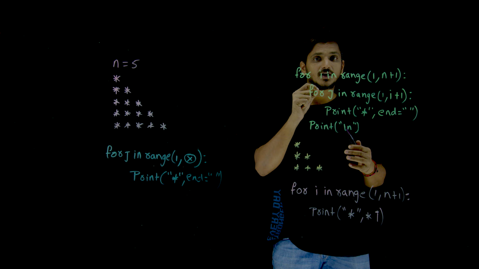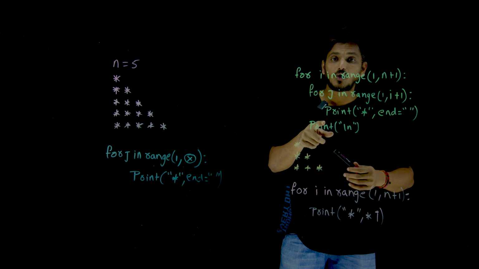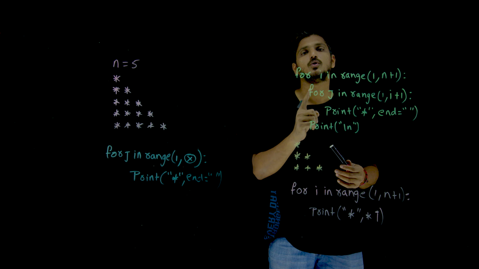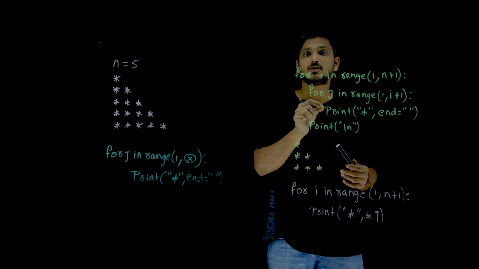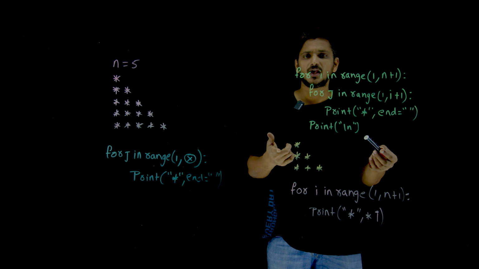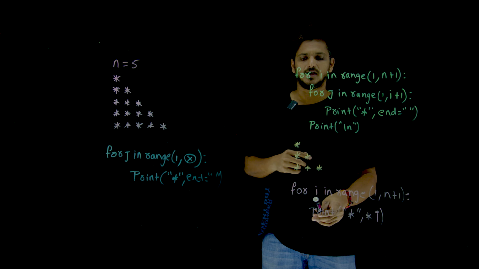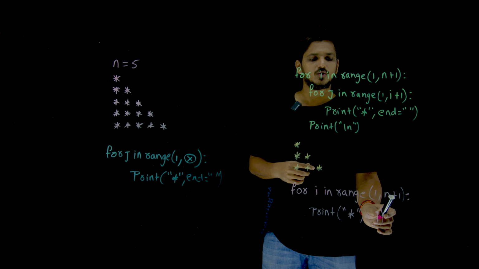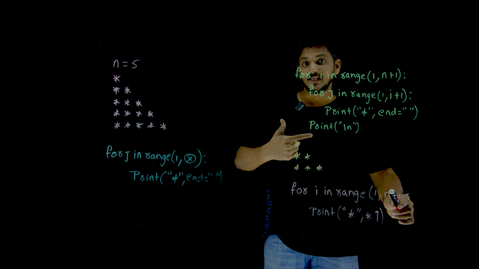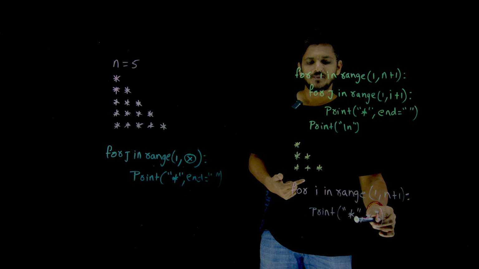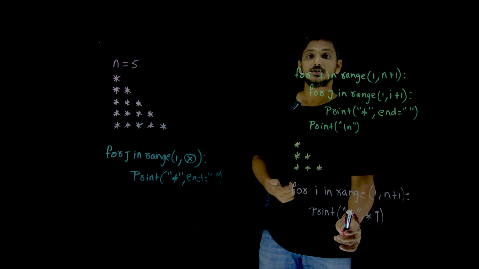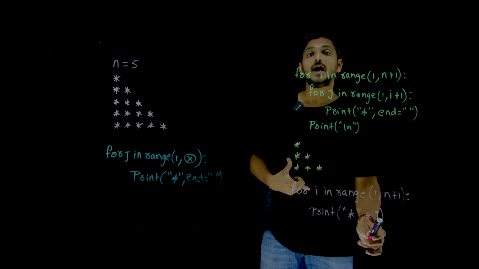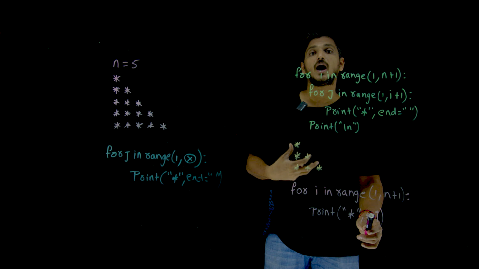Now coming to the next code, we can solve this using a single loop also. This is possible only in Python because of some programming facility. See here, for i in range of 1 to n plus 1, n lines you need to display. Each time it goes inside, print star multiplied by i, meaning display the star i times.